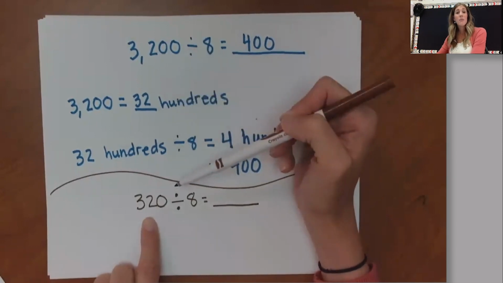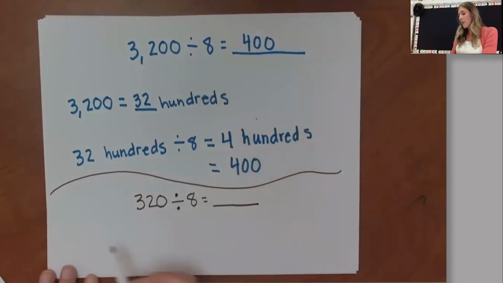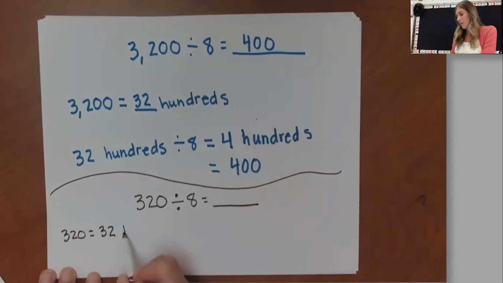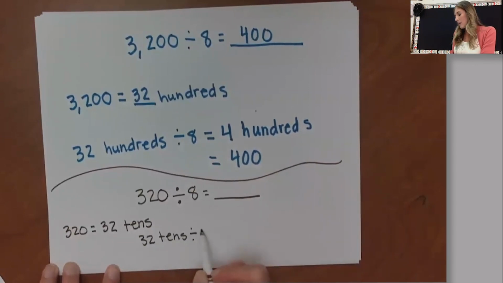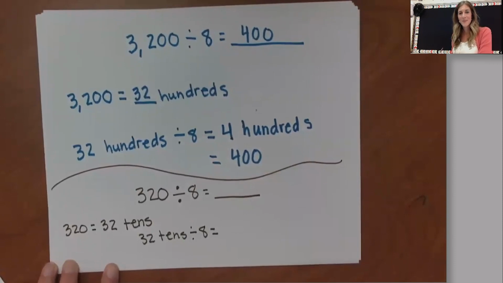Right, it's smaller. So we know that 320 is the same thing as 32 tens. So we can rewrite our problem as 32 tens divided by 8.